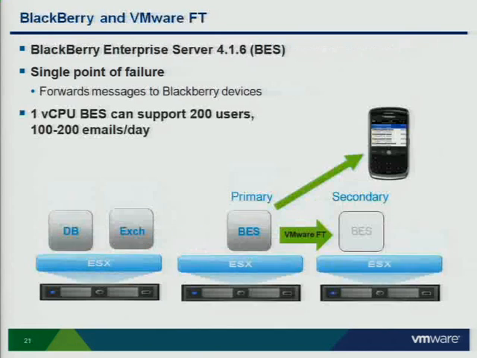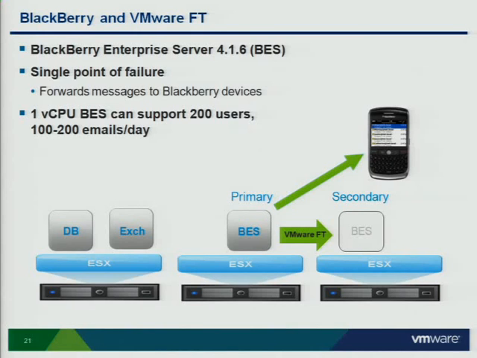All right, the next one is about BlackBerry Enterprise Server. This was a proof of concept done on 4.1.6 last year. The BlackBerry Enterprise Server is a single point of failure because it controls all the data going from your Exchange and databases to the BlackBerry devices. If you lose that, all your devices lose their Outlook invites, their emails, all the data going to the endpoints there.